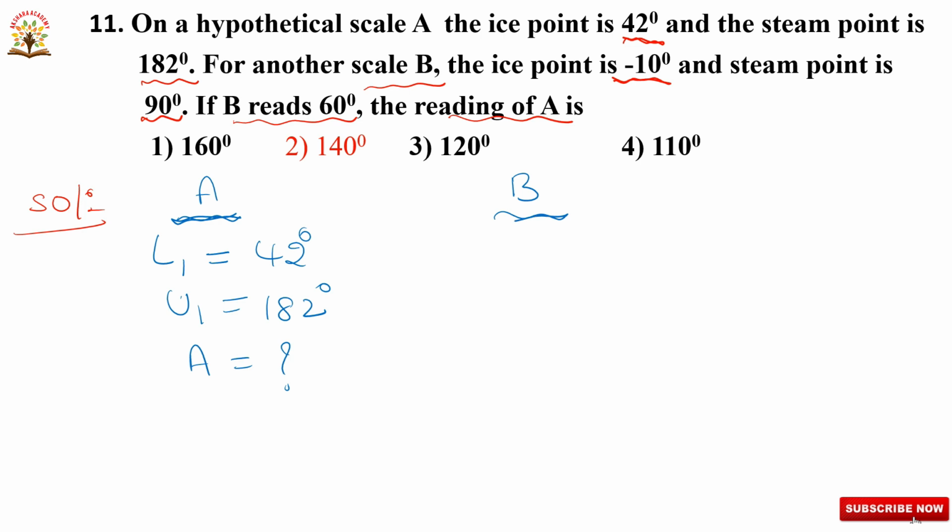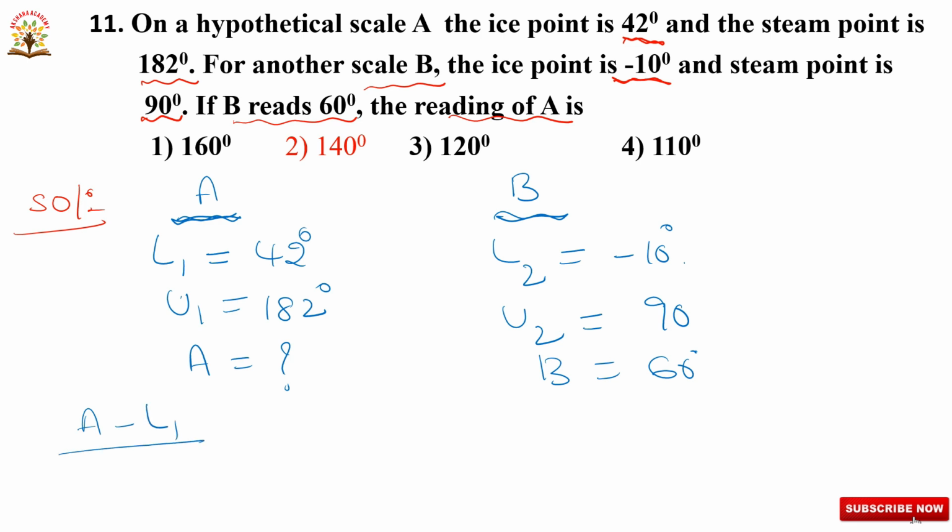For another scale B, they have given L2 is equals to minus 10 degrees and U2 is equals to 90 degrees, and B reads 60 degrees. So (A minus L1) by (U1 minus L1) is equals to (B minus L2) by (U2 minus L2).